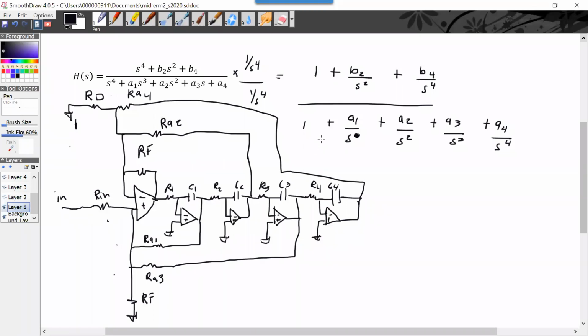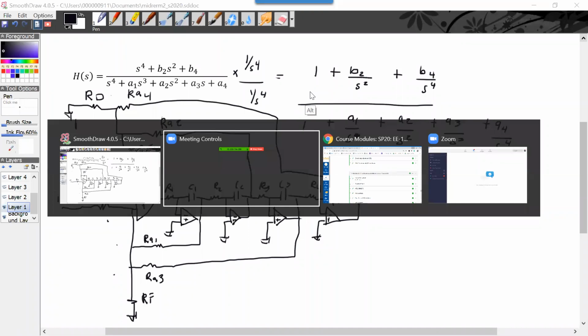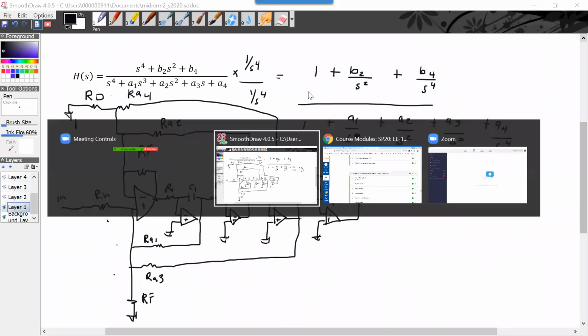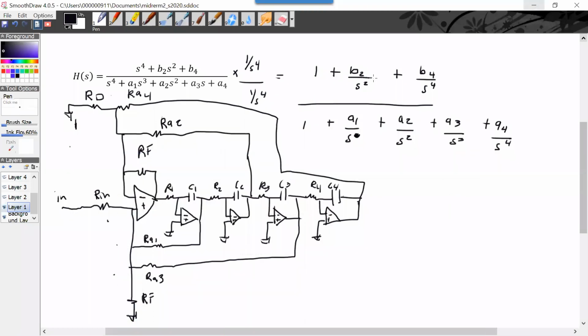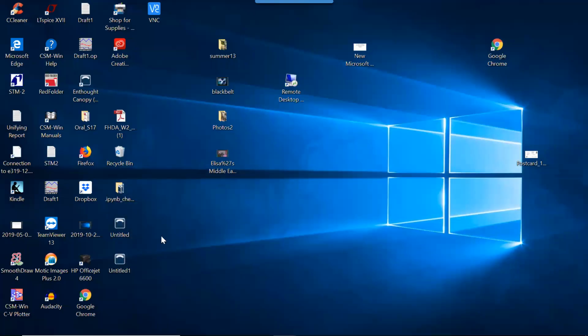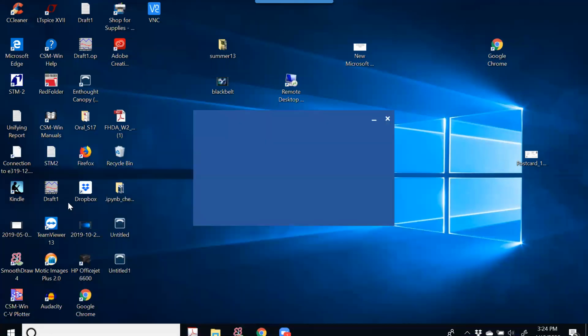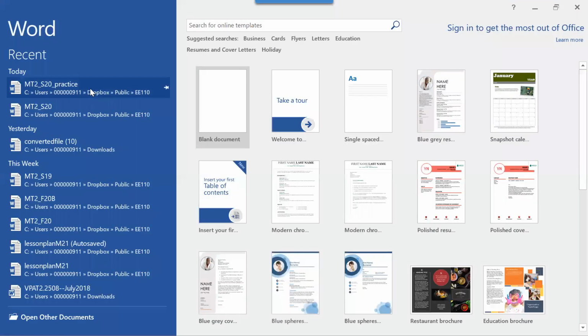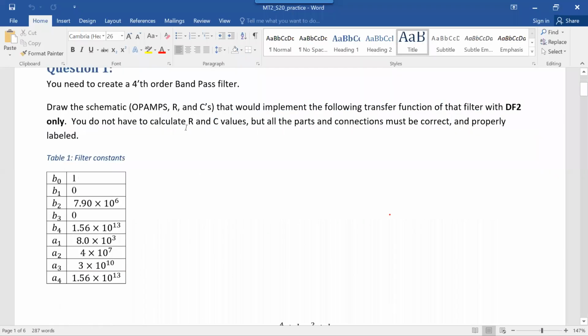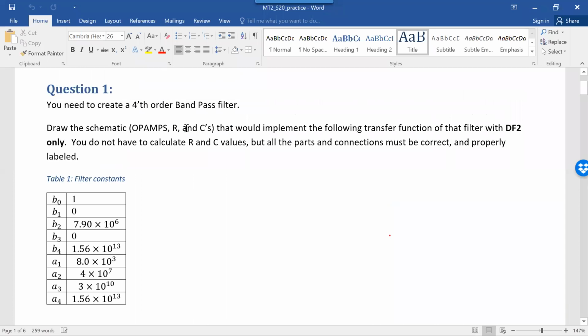Now, in the past, we've had high and low pass and then notch, right? And I think this one is a band pass. Just let me see what I said in that question. Yeah, band pass.